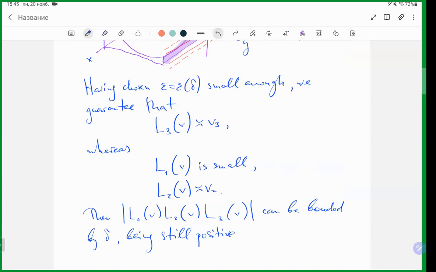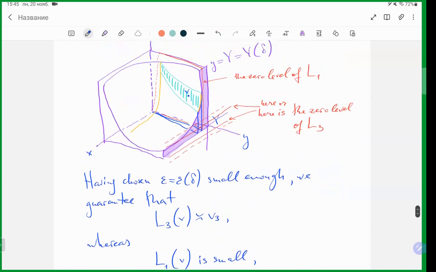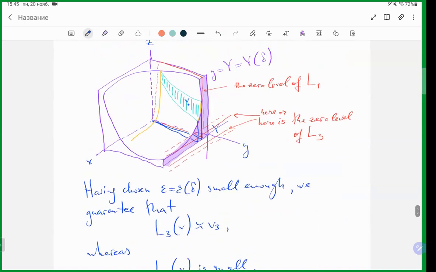Now, concerning this last condition that it is positive, you see here in this picture, it is actually quite obvious.